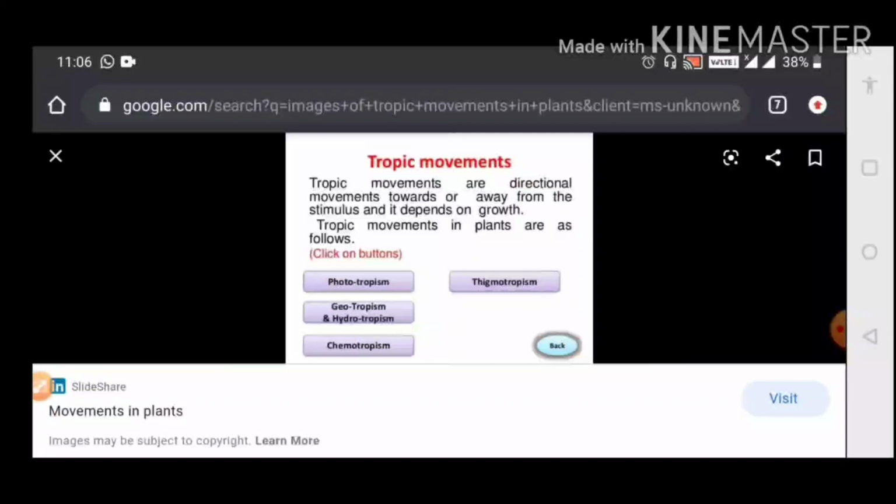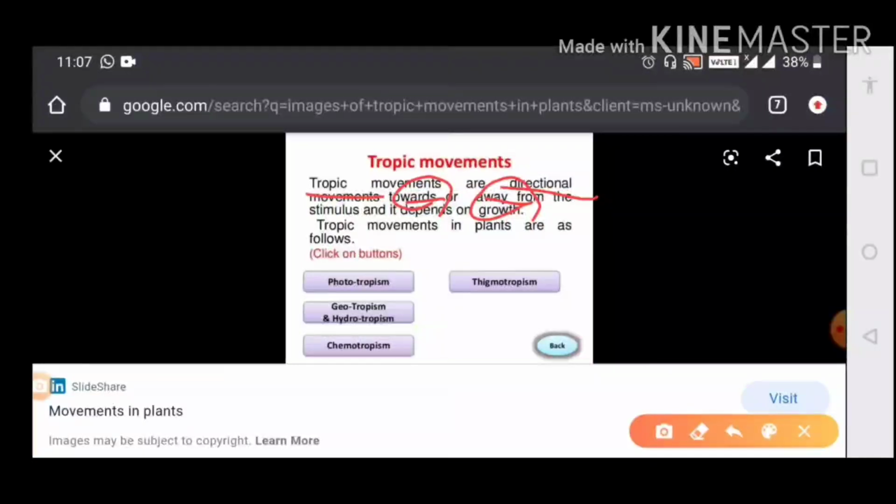Tropic movements are directional movements towards or away from the stimulus, and they depend on growth. See what it is telling, it is directional movement, either towards or away. When the movement is towards the stimulus, we call it positively tropic movement, and when the movement is away from the stimulus, we call it negatively tropic movement.